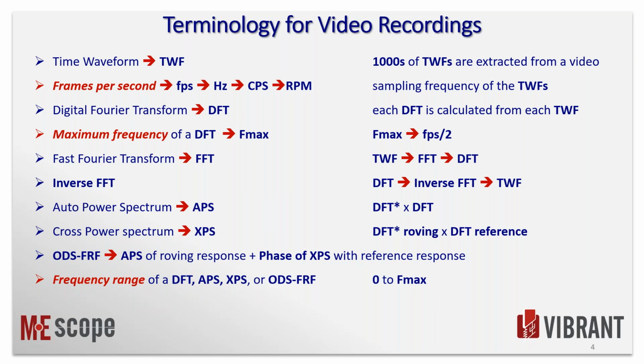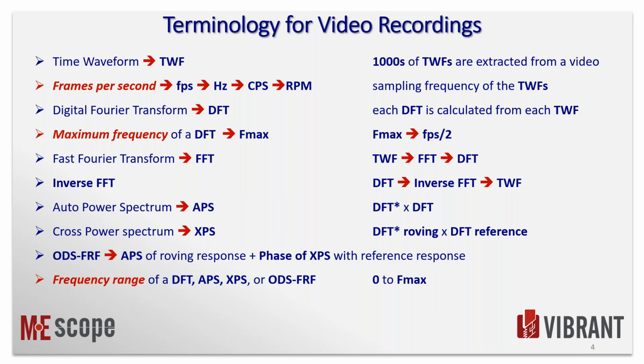Now, the FFT has a law that says the maximum frequency I can extract or display in the spectrum is 1/2 of the sampling rate. That's just a law of nature. Can't violate that. And again, the fast Fourier transform, the FFT, converts time waveforms to DFTs, and then the inverse of that converts the DFTs back to the time waveform.